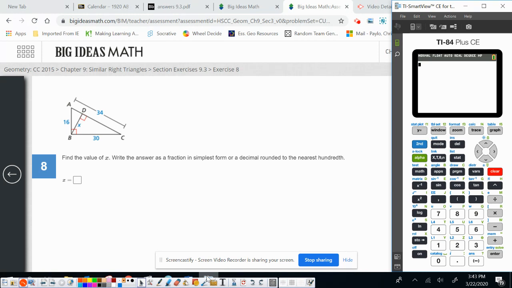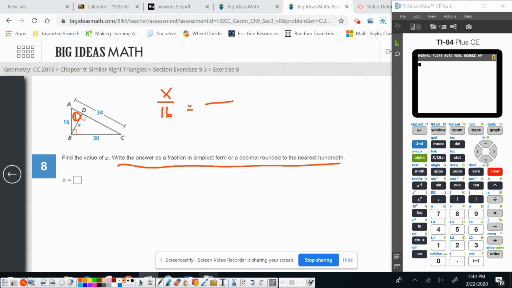Let's take a look at number 8, setting up a triangle, and then most importantly, writing it to the nearest hundredth. So if I'm setting up this problem, I'm looking at something like this. X is playing the long leg in the little triangle. I'll call that triangle 1. And 16 is the hypotenuse.